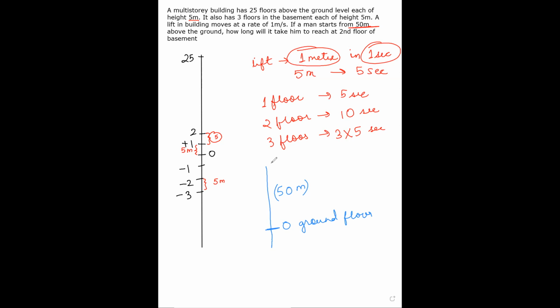So it will take him 250 seconds to reach the ground floor. But now we have to see how much more time it will take him to reach the second floor of the basement, right? So -1 and -2, 2 floors over here.